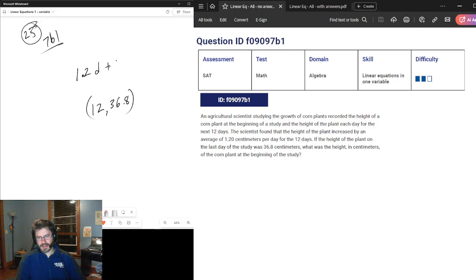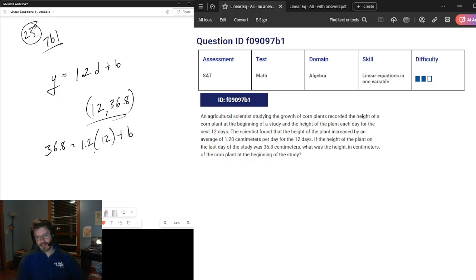So they're looking for the y-intercept, the b value. So if y equals 1.2d plus b and 12 comma 36.8 exists on the line, we can just plug those in. 36.8 equals 1.2 times 12 plus b, and solve for b. 1.2 times 12 is 14.4, plus b equals 36.8.